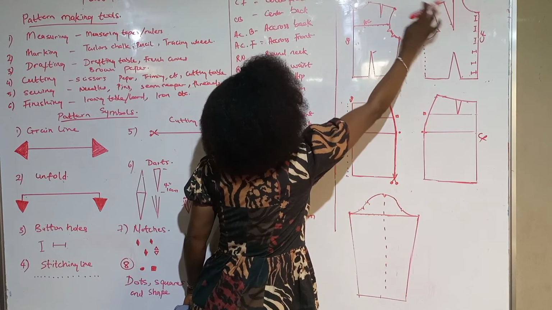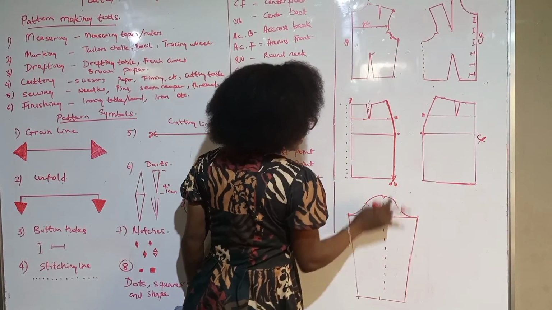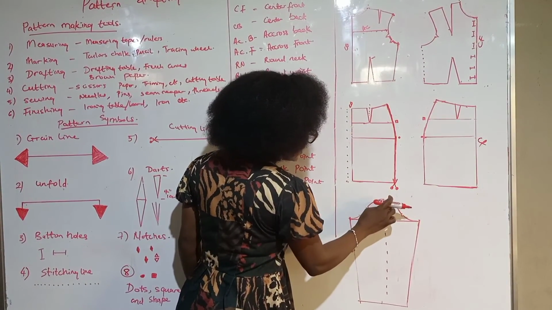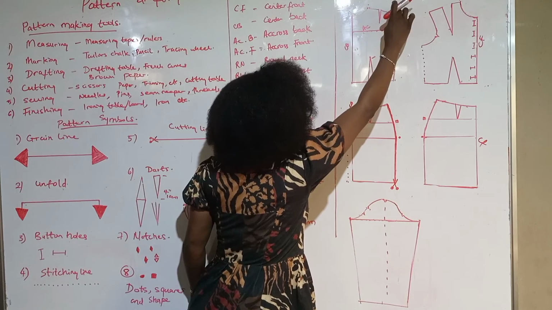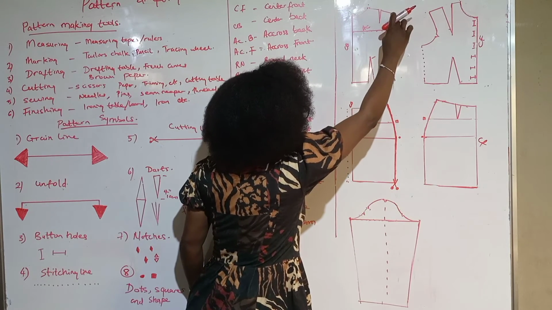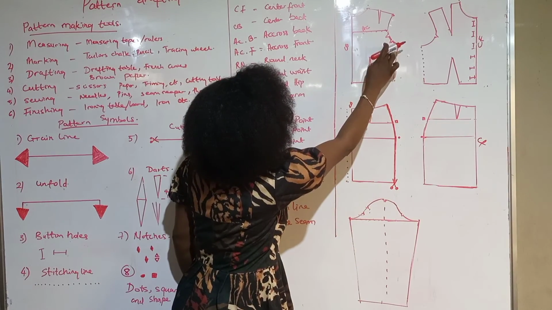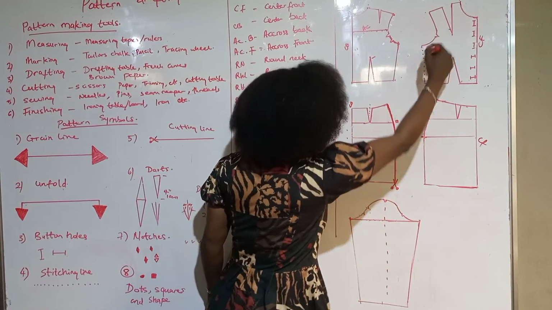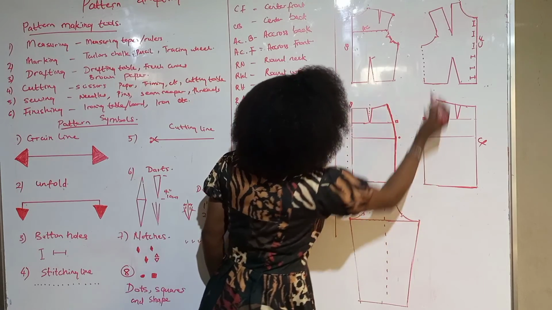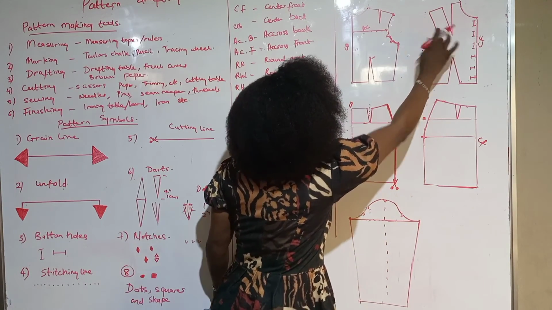By the time I have joined this front and back together, I now want to fix my sleeve. This center notch will start from the very mid-center of the shoulder. Then I sew this way to align with these two notches for the back. Then I sew the other way to the front too. It will align with the single notch that I have at the front.